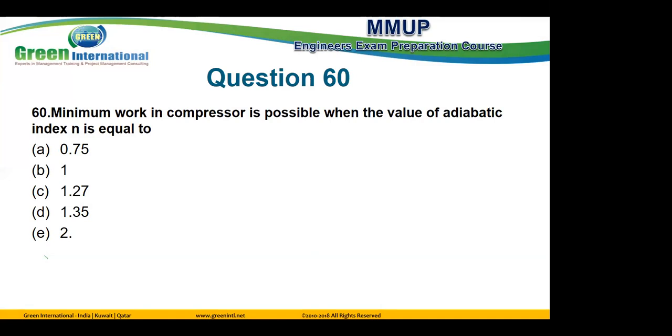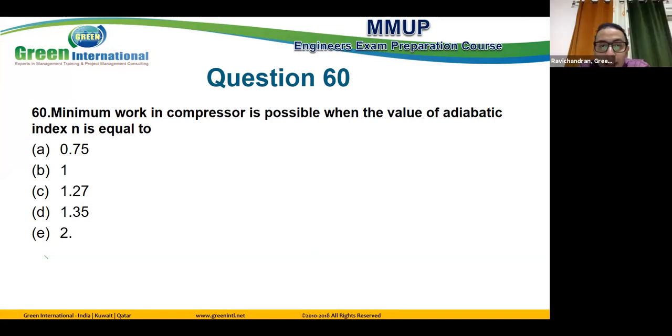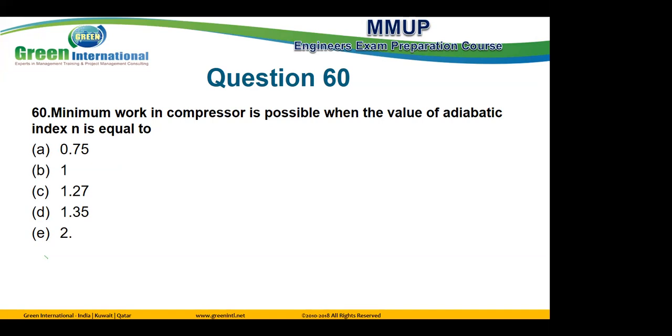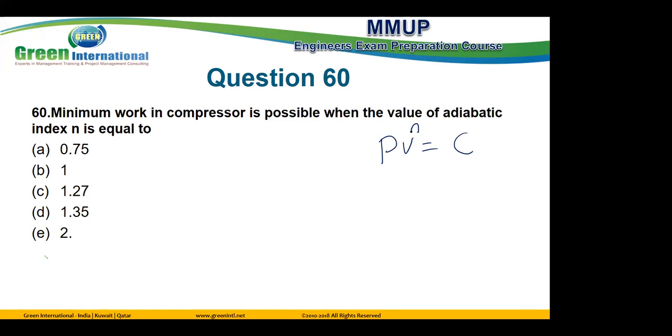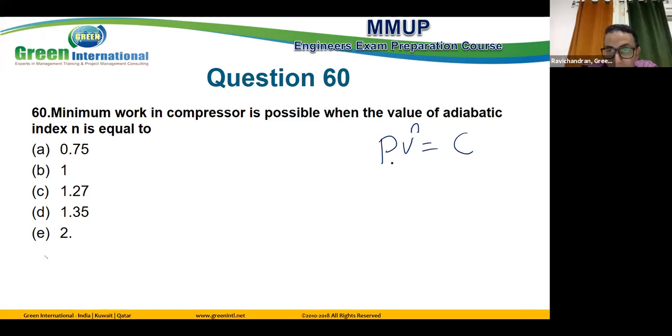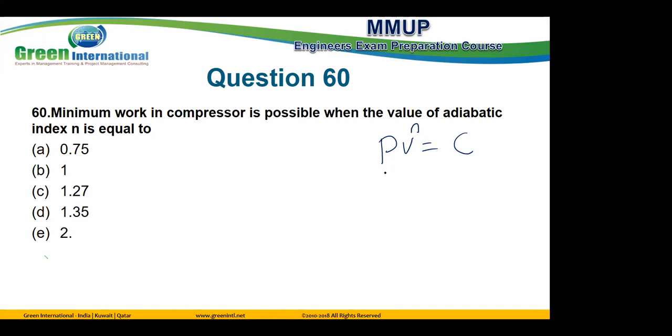This is a good question. Minimum work in a compressor is possible when the value of the adiabatic index n is equal to what? The general equation is PV to the power n equals constant. When can we obtain minimum work?